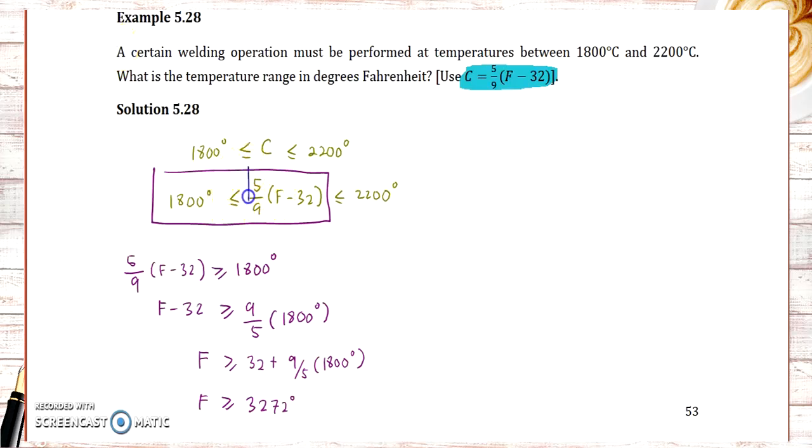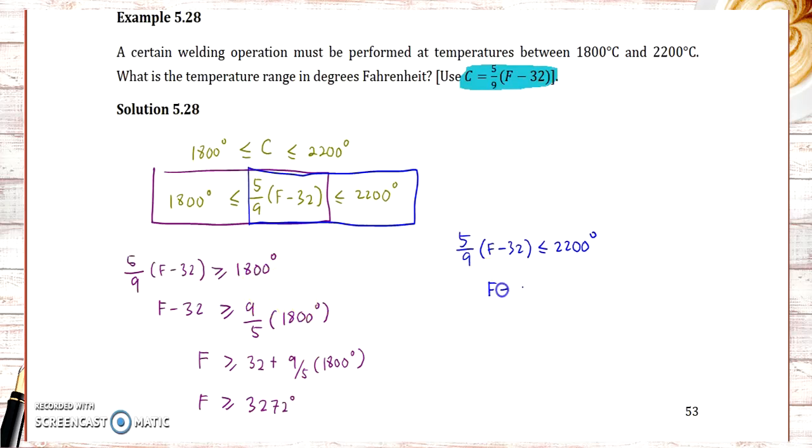Next we solve the second interval, from this equation to 2200. So we have 5/9 times F minus 32 less than or equal to 2200 degrees. We do the same as the first one.